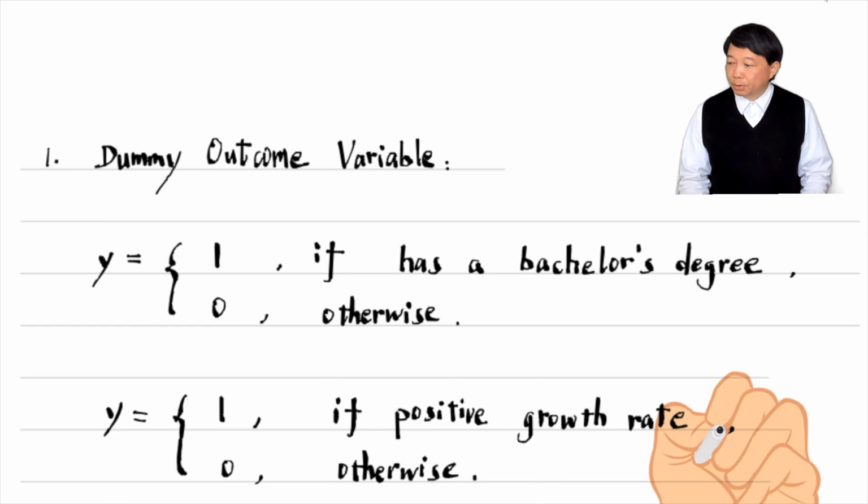In each of these examples, we can let the outcome variable y equal 1 to denote one of the outcomes, and y equals 0 to denote the other outcome. The model using a dummy variable as its outcome is called a binary response model.